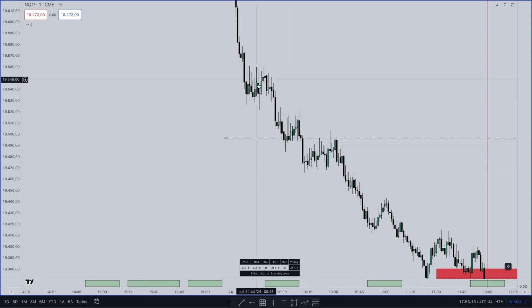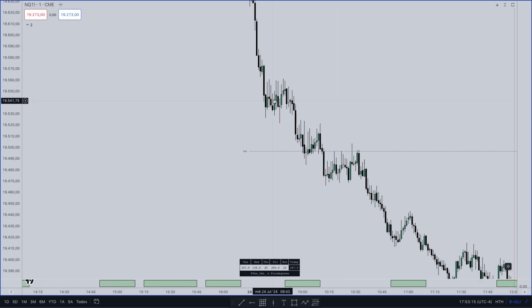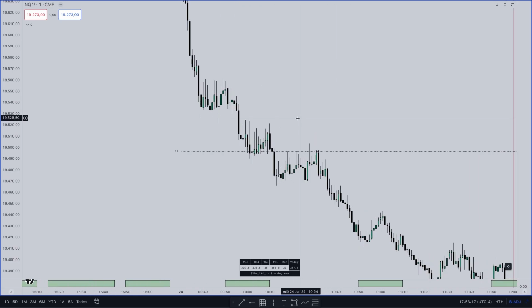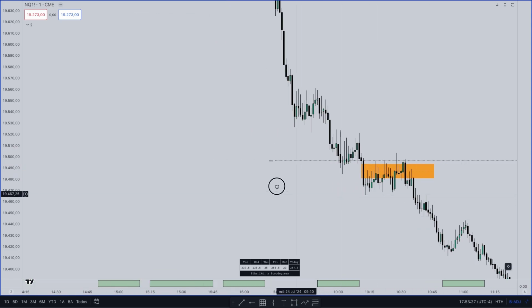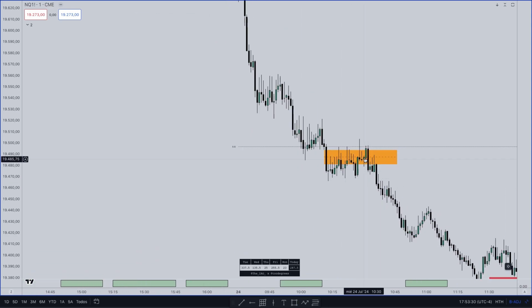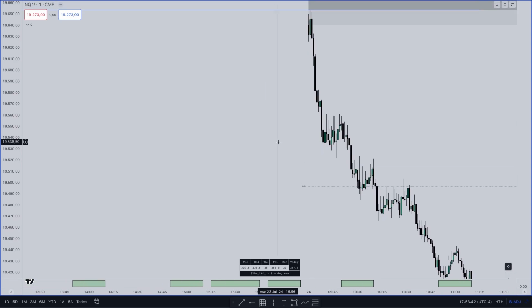But I really don't like to trade candles with this kind of wicks. It's hard because I don't like it at all. And also look, we leave this wick here. I prefer clean bodies. But this is something that you can study by yourself.